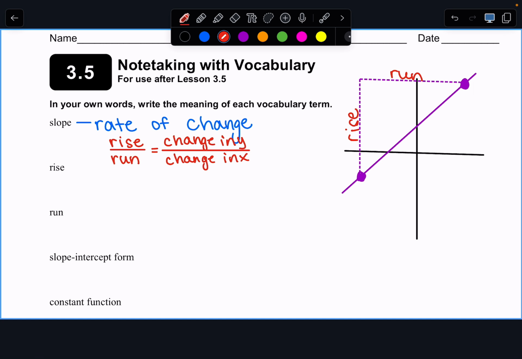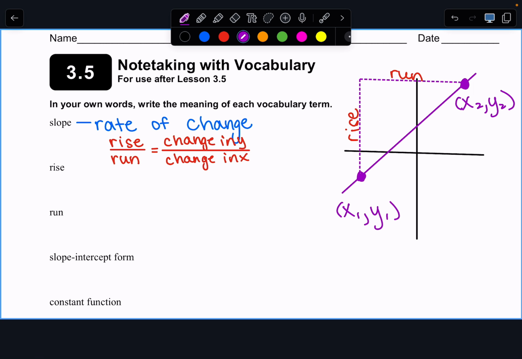Okay, rise over run. Now, if we start at this coordinate and end up at this coordinate, I can calculate the slope by looking at the graph and counting rise over run.